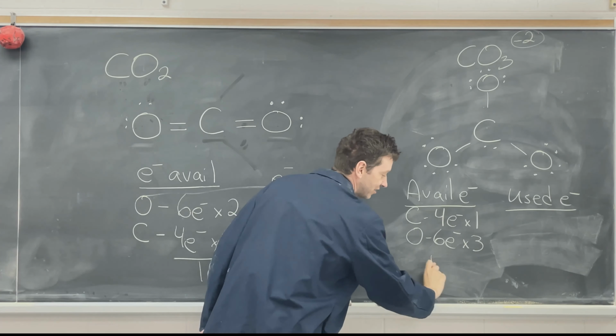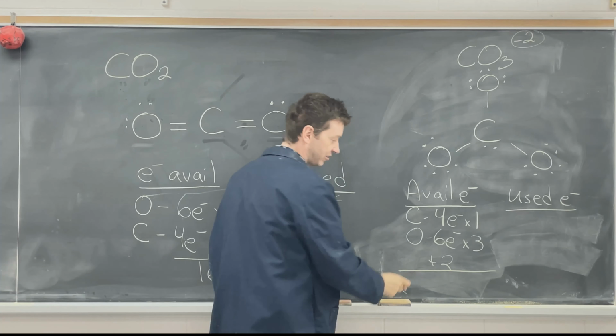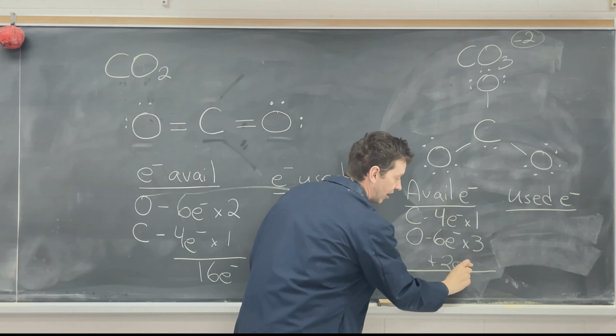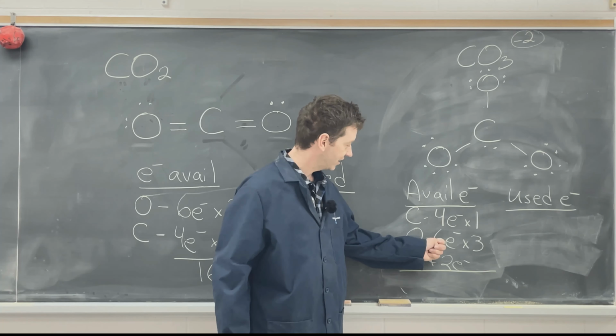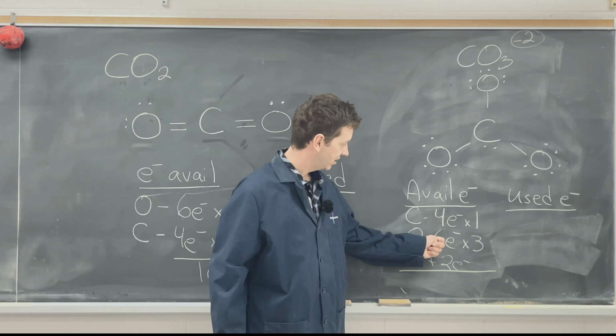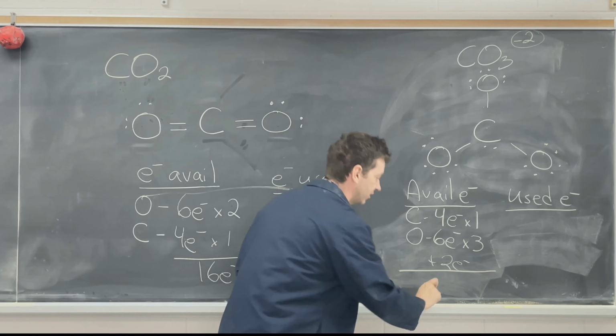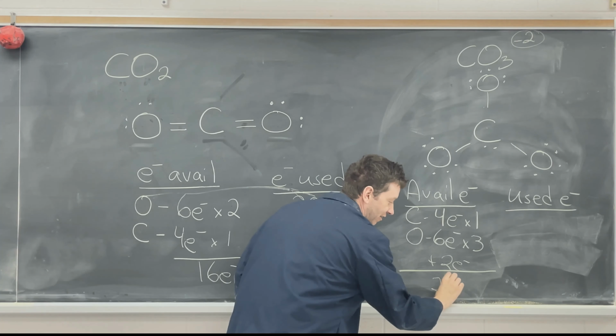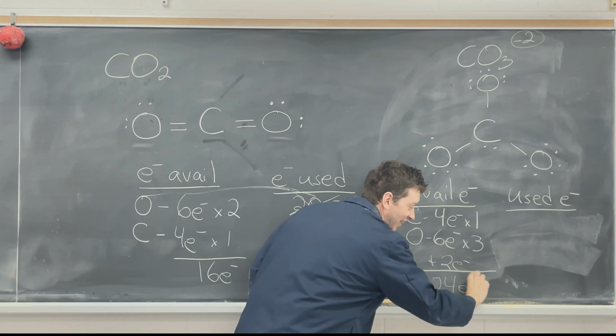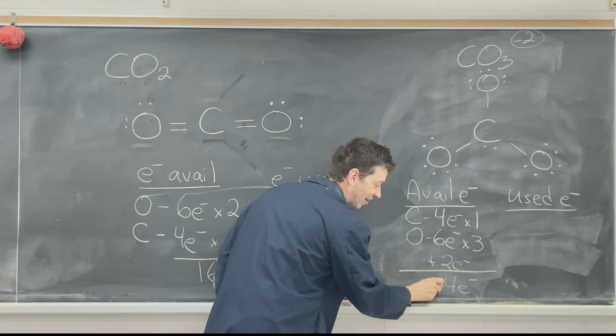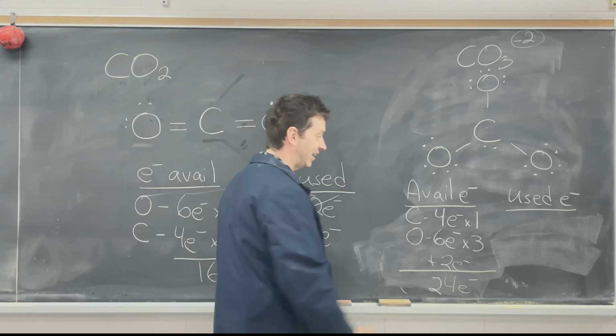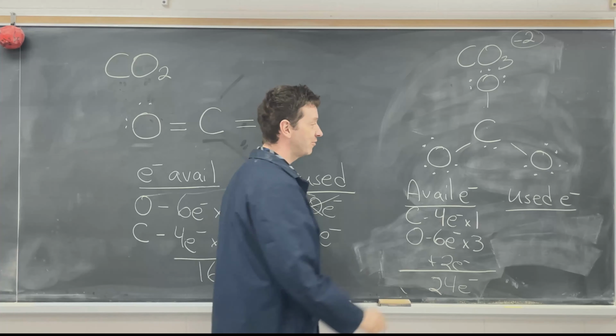That's a bonus plus 2 electrons. So that gives us a total of 6, 12, 18, 24. 24 electrons available. But how many have we used?